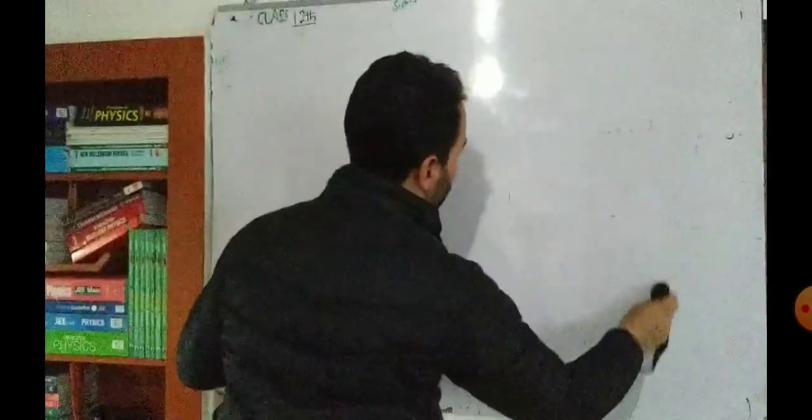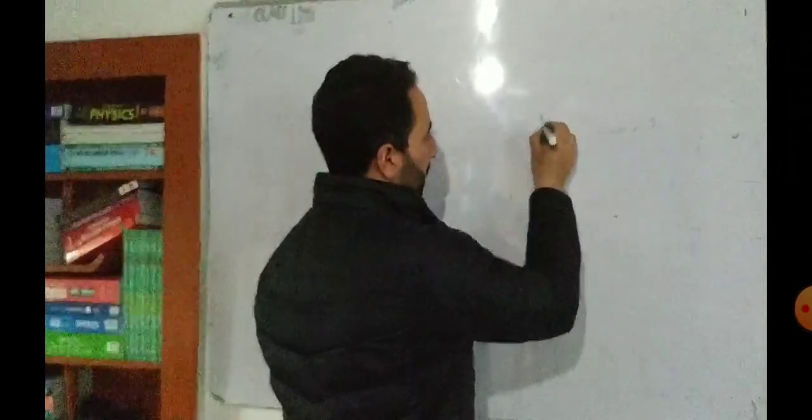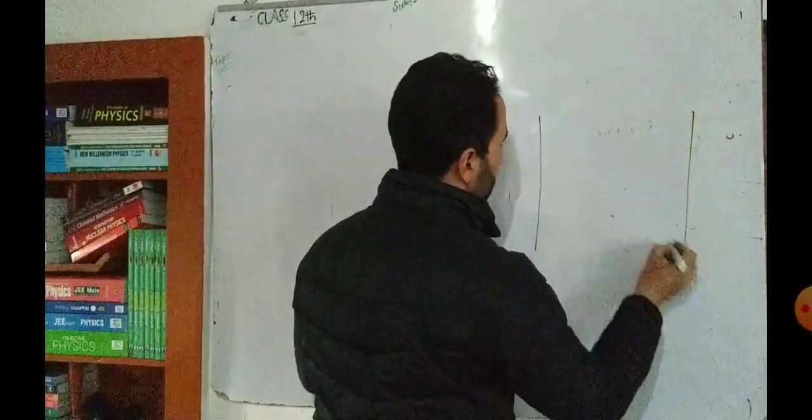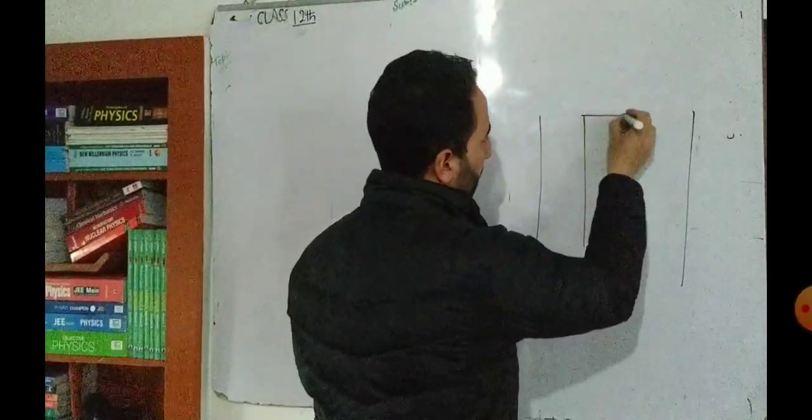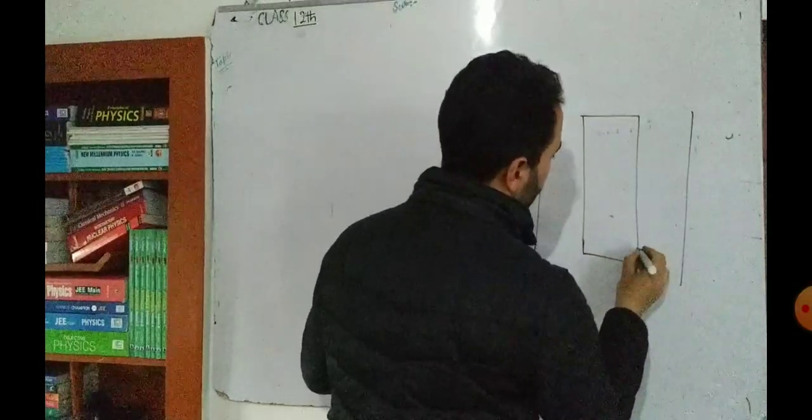Finally I will write down this important point, and that's like this. For example, here we have one plate and another plate, and this is a dielectric slab placed in a region of uniform electric field.